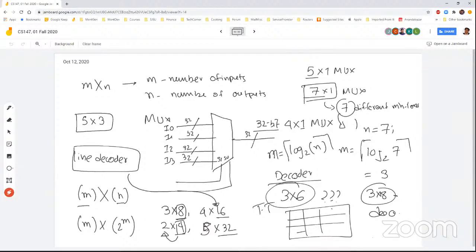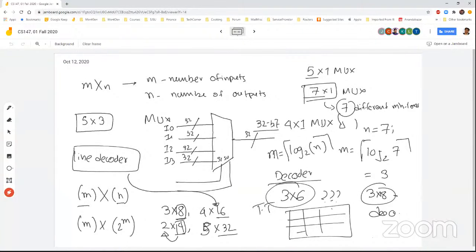Professor, internally inside of that multiplexer, is it still using a 3 by 8 line decoder? Yes, 3 by 8. And is it just that one of those minterms on the output side is not connected to anything?